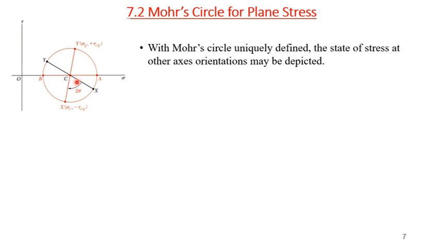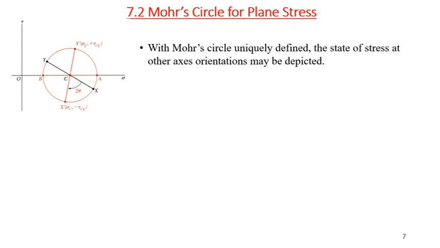So what I will do, I will draw a line passing through the center, making angle 2 theta with respect to this xy. Now these points on the circle circumference will give me the value of stresses. So it will be sigma x prime and tau xy prime, and similarly over here sigma y prime and tau xy prime. So the tau value will be equal, but the sigma value will change.